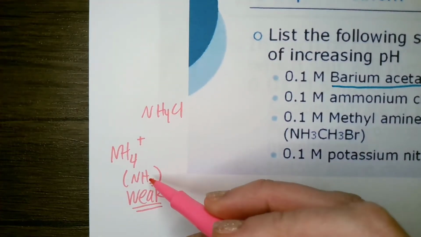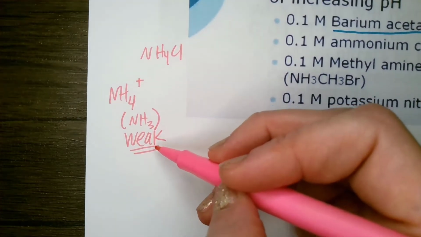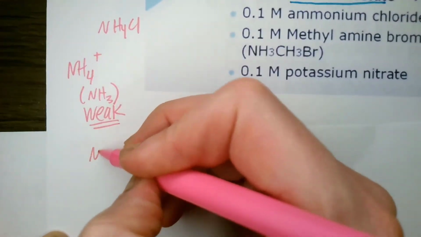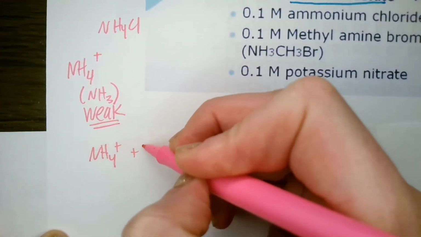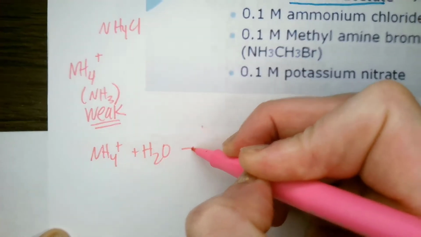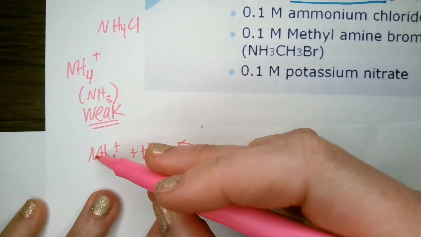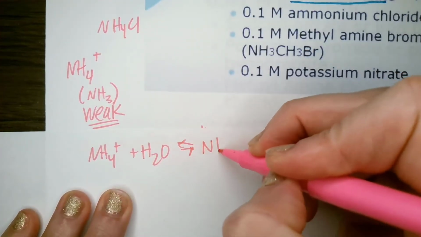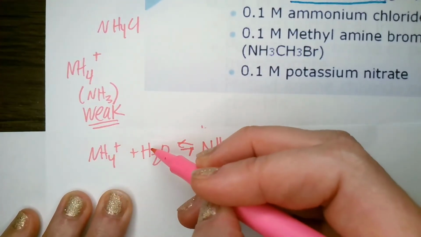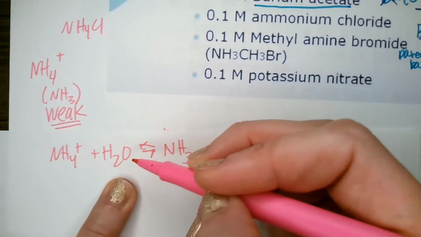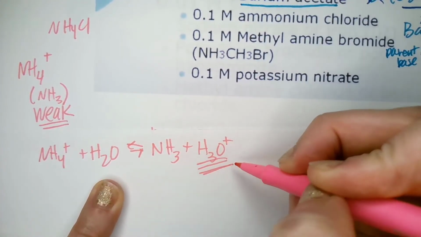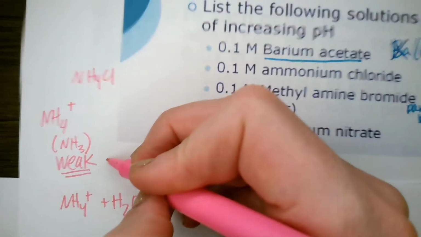When NH4 plus goes through hydrolysis, it forms its parent, ammonia, NH3, it loses a proton, and so water becomes H3O plus, so it's going to make this more acidic.